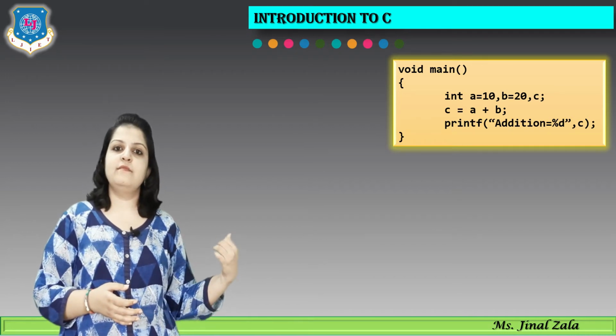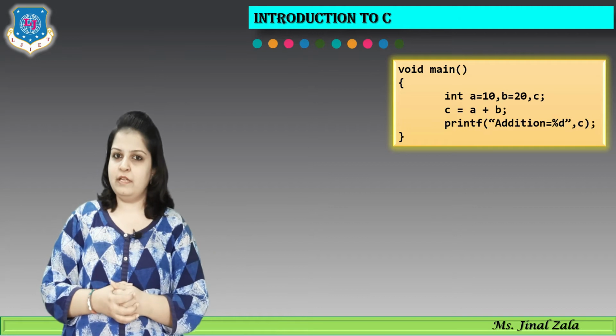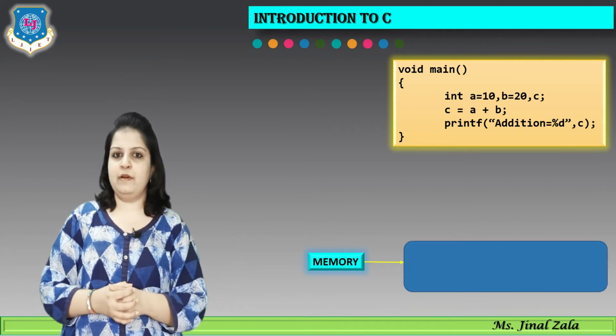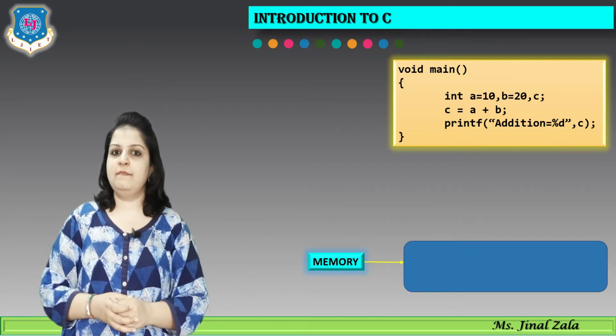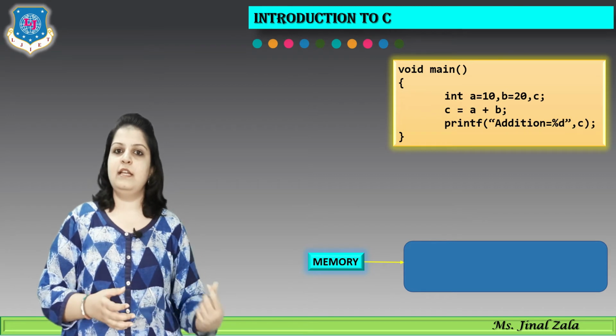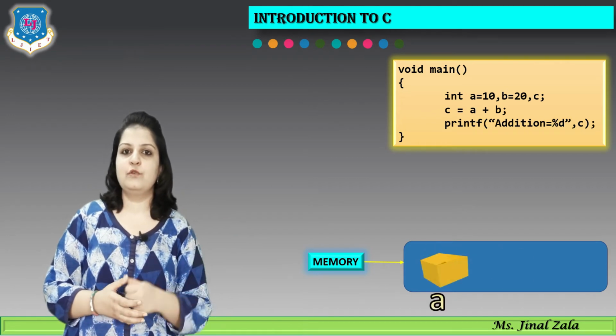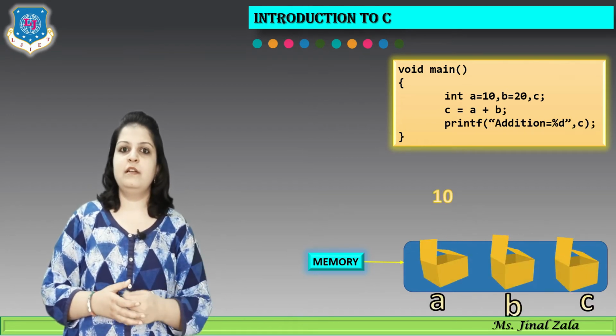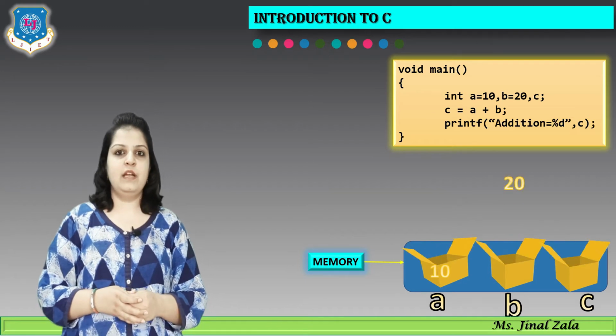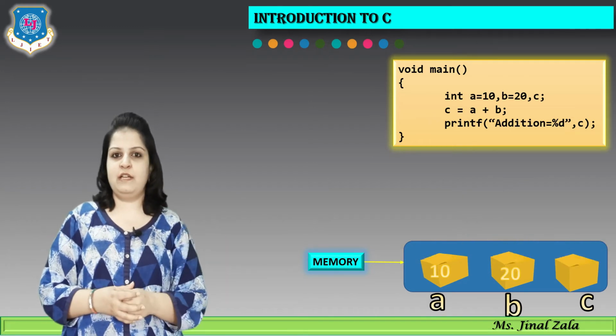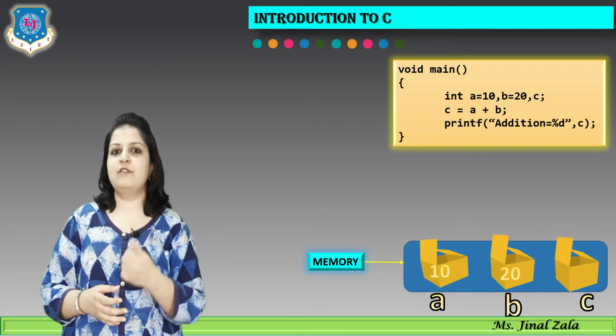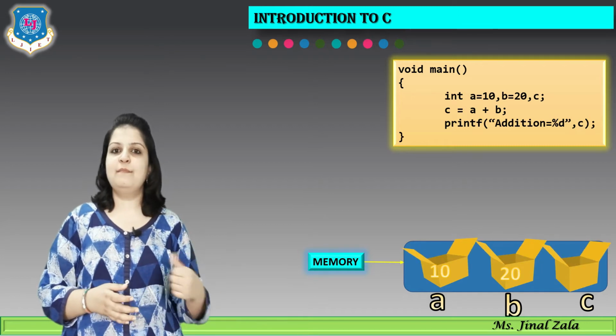Here, how do these variables get stored in memory? So see, this is the memory. When the first statement executes, then in variable A, 10 will be stored. In variable B, 20 will be stored. Now move to the second statement. The second statement is C is equal to A plus B. Now what is plus?